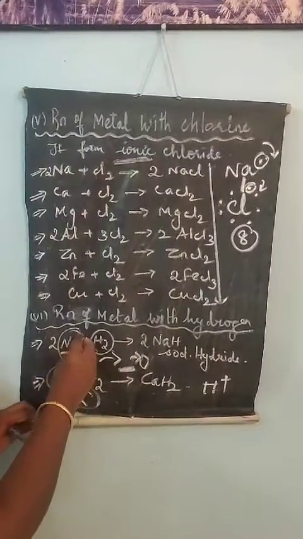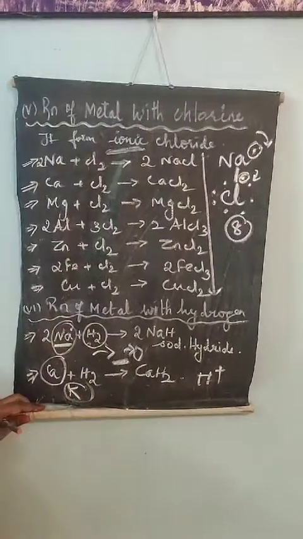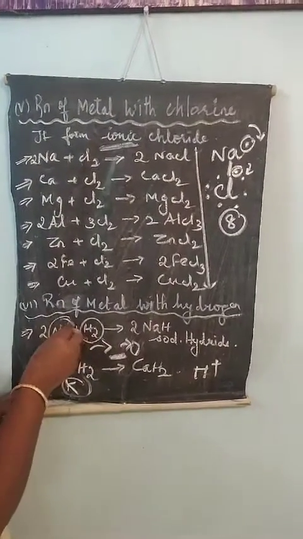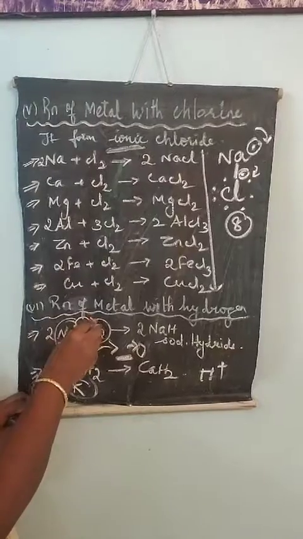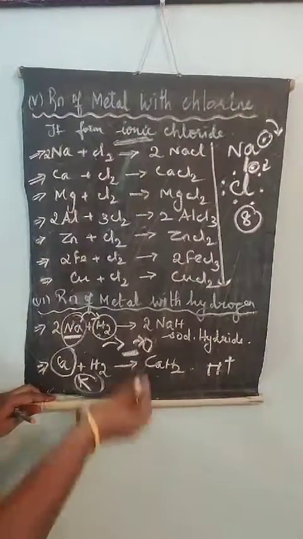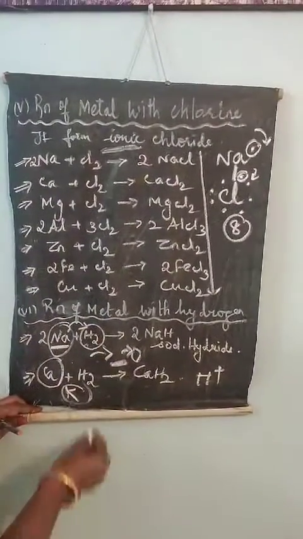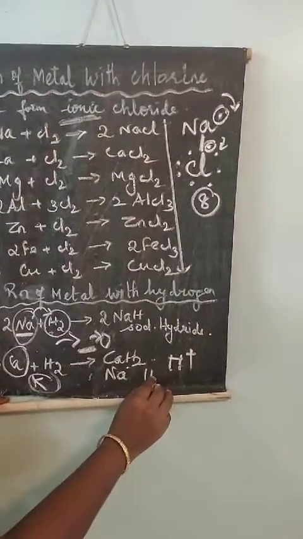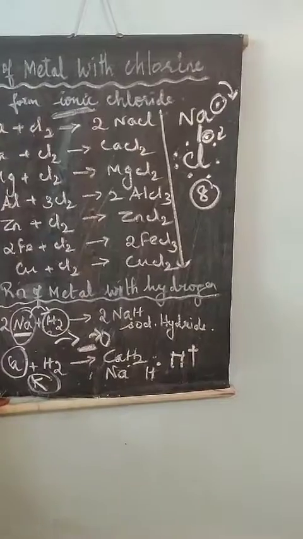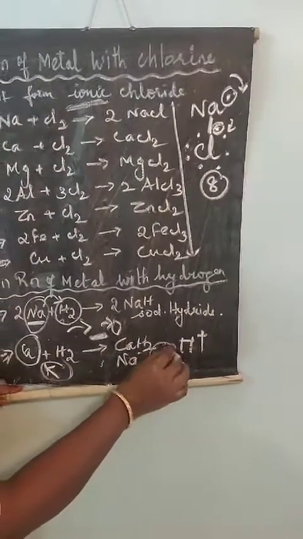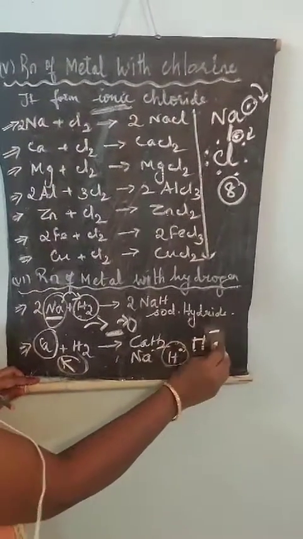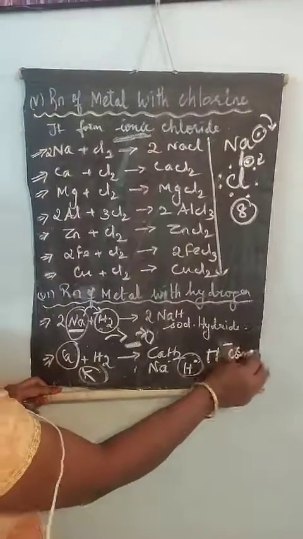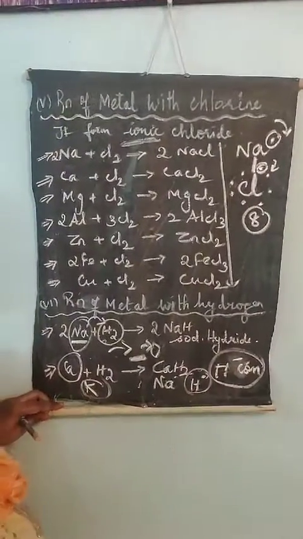So if this sodium has one electron in the outermost shell, it forces the hydrogen to get the electron from sodium. So in this case, sodium gives electron and hydrogen gains the electron. So here hydrogen acts as an H- ion. So this is an exceptional case.